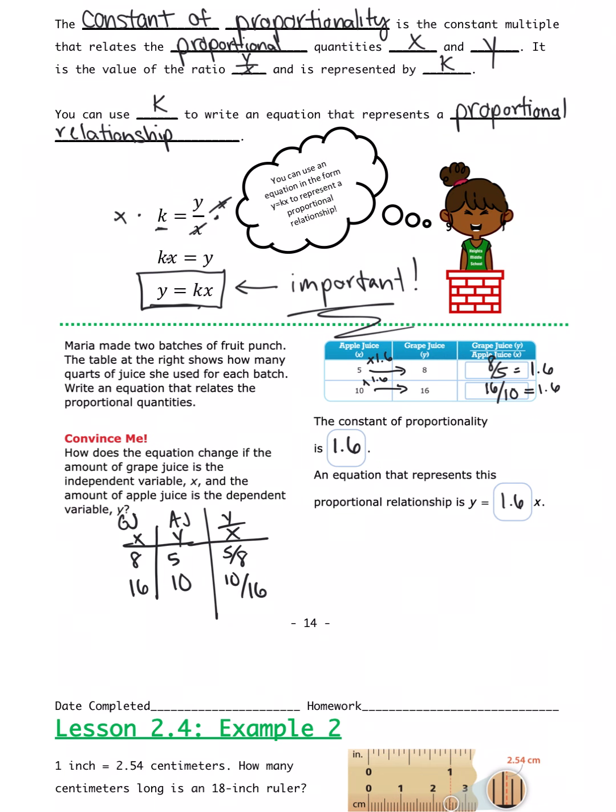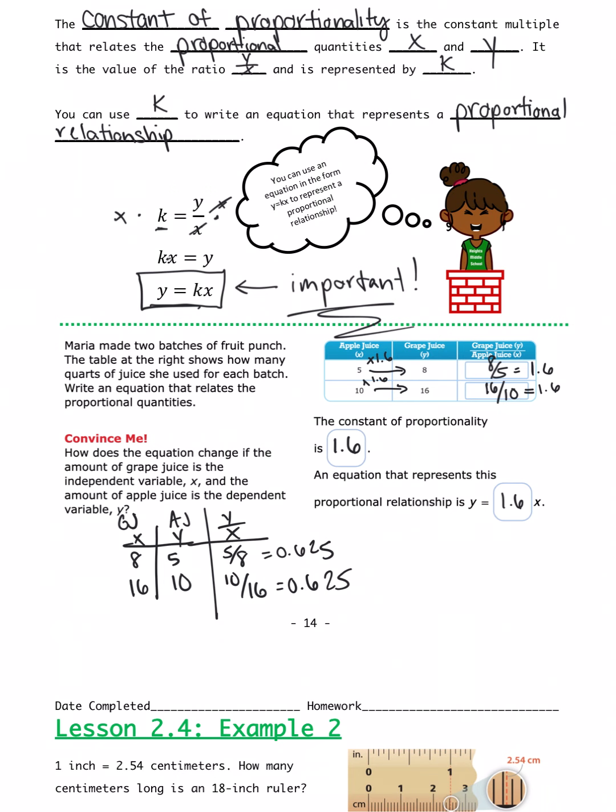If we put those in our calculators, 5 divided by 8, sorry guys, equals 0.625, and 10 divided by 16, put it in your calculator again, you should get 0.625. So it changed it for us. There we go.